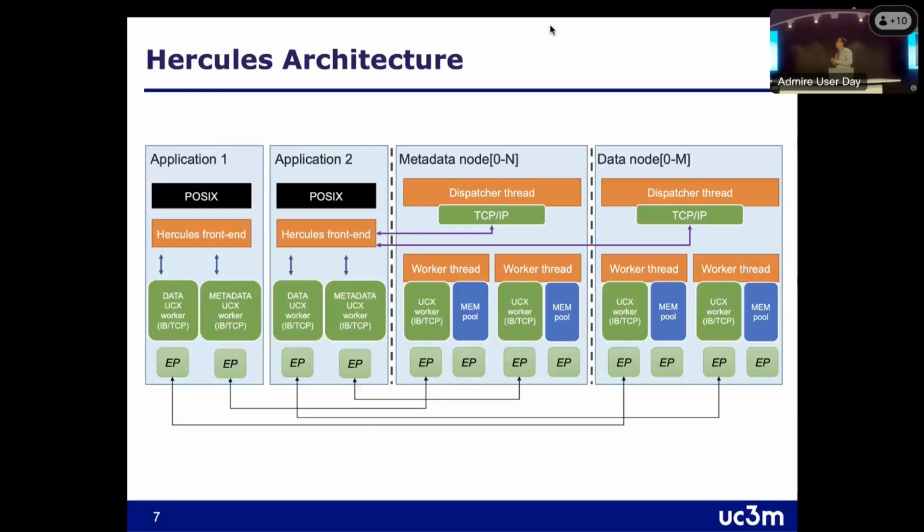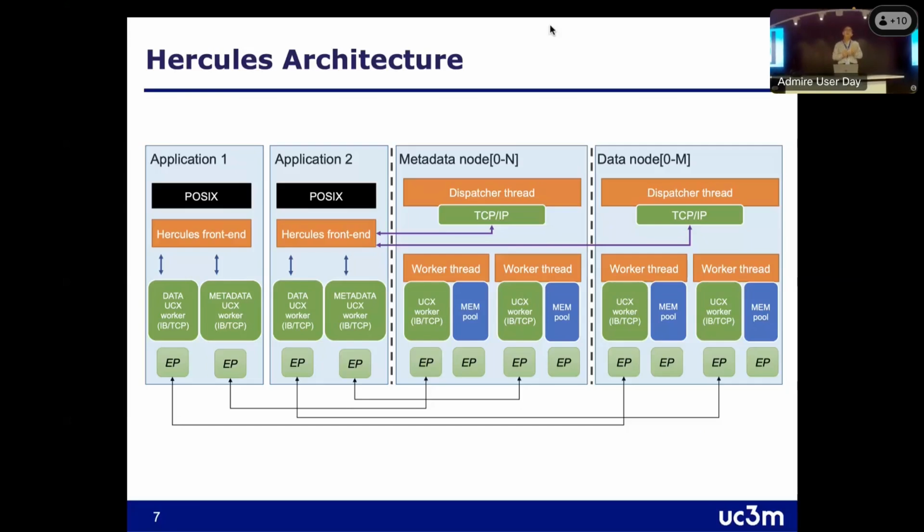As you may see, we have the node with the applications. In these applications, we are deploying the Hercules front-end. The Hercules front-end is the client, basically, if you want to talk in a client-server way. And then we have data nodes with the servers, and we may have nodes with the metadata servers.